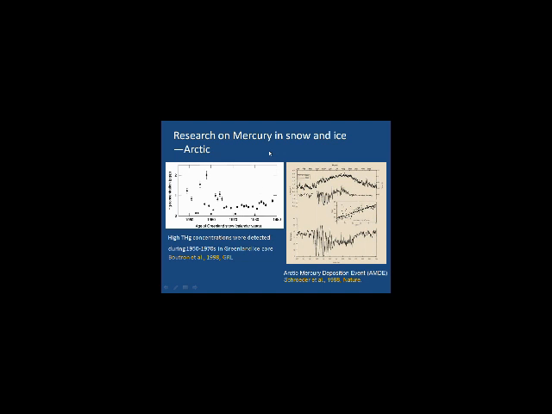This gives a brief review of the research on mercury in snow and ice in the Arctic, Antarctic, and Tibetan Plateau. This is the paper published by Bolton in 1998. It showed that during the 1950s to 1970s, higher mercury concentrations were found in the summit snow layers.